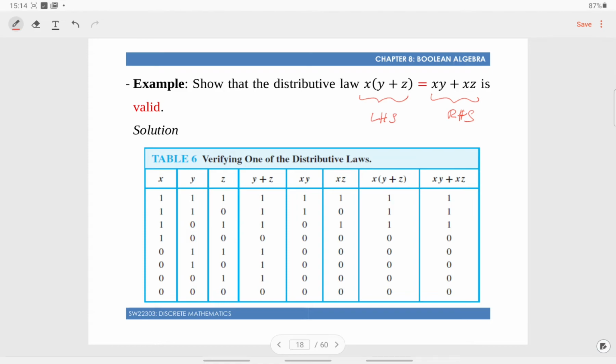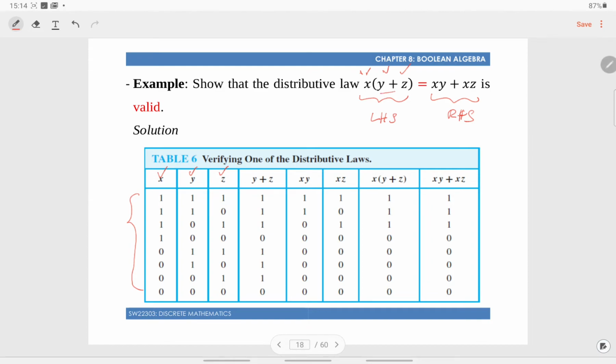The first step is to come up with these three columns, x, y, and z, because we have three inputs. And then list down all the possible combinations of these three inputs. Unique combinations, there is no repetition. And then come up with each column.